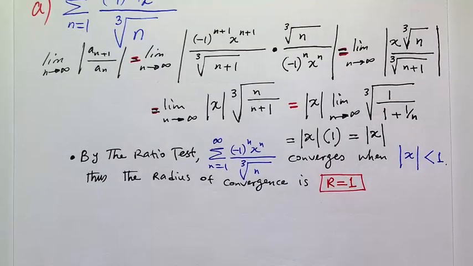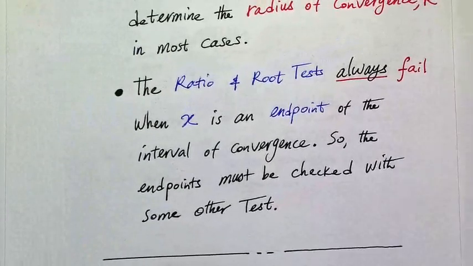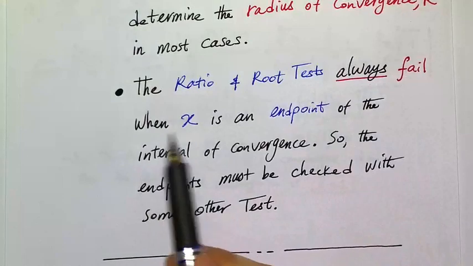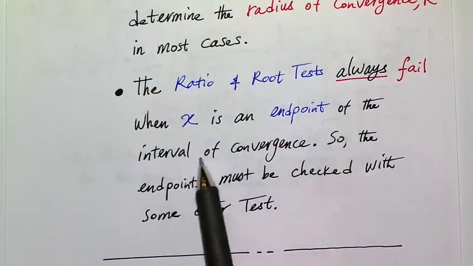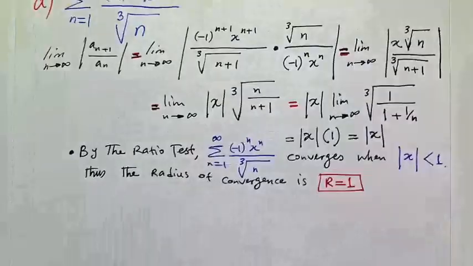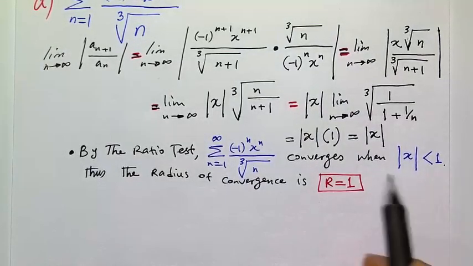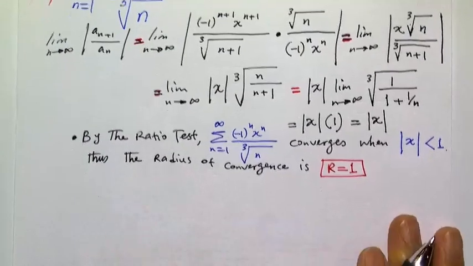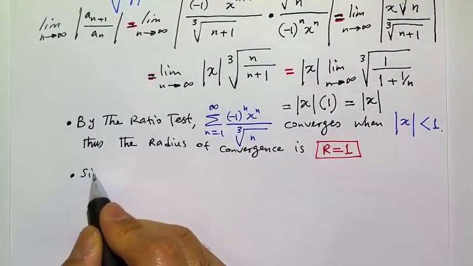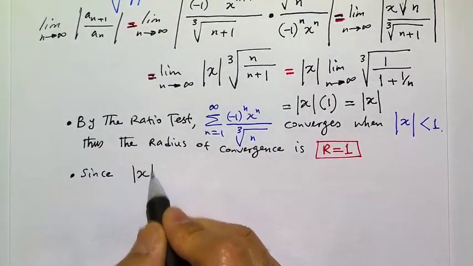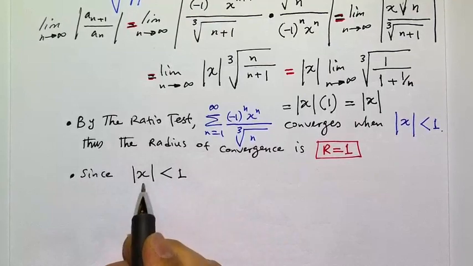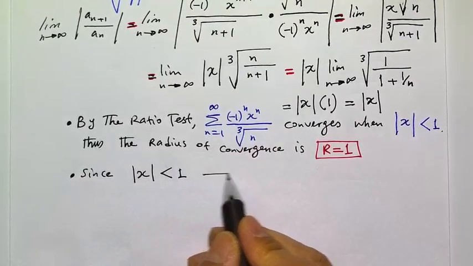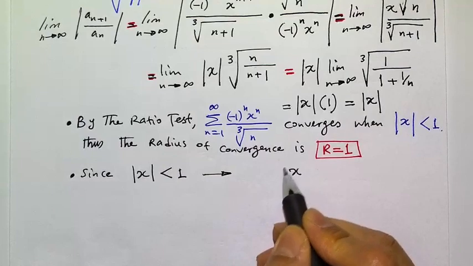However, notice that in our discussion we said that both the ratio test and the root test always fail when x is an endpoint of the interval of convergence. That means, actually, before that, we know that this is the radius of convergence, which means, since the absolute value of x is less than 1, that's when the series converges, then we have x.